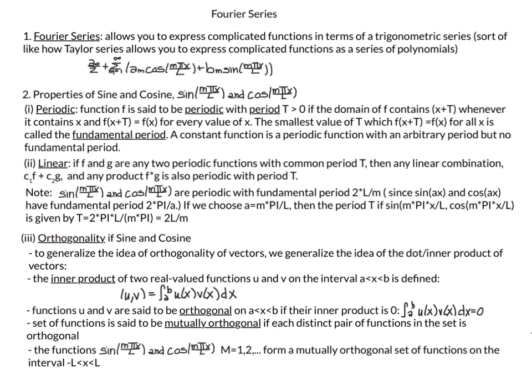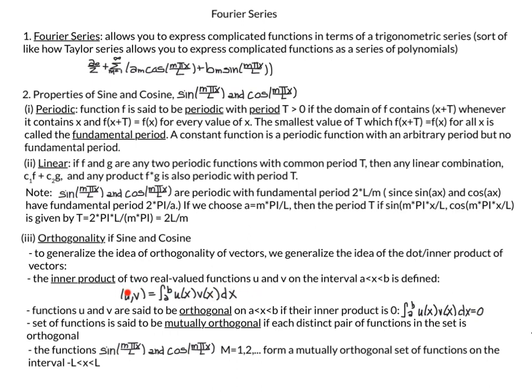The last property we have of sine and cosine is orthogonality, and this ended up being a very important property. To get the idea of orthogonality of functions, we generalized from the idea of orthogonality from vectors. The way we defined when vectors were orthogonal is that the inner product is equal to 0. So for two functions that produce a real value, we define the inner product to be the integral of u times v.